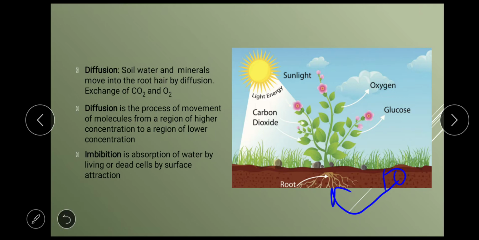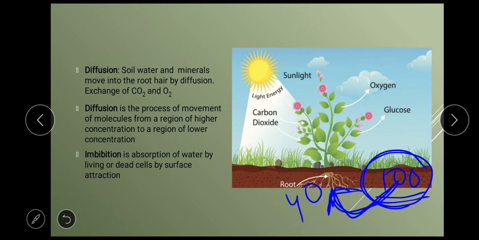Because soil has 100 units of water, this is just an example, and roots have less water. For example, roots have only 40, so it is going from 100 to 40, and there is no energy involved here. It is automatically going. Why automatically? Because it always happens that where you have more water, it will go from more to less. Wherever there is more, it will go to where there is less. So it will keep on moving like this.